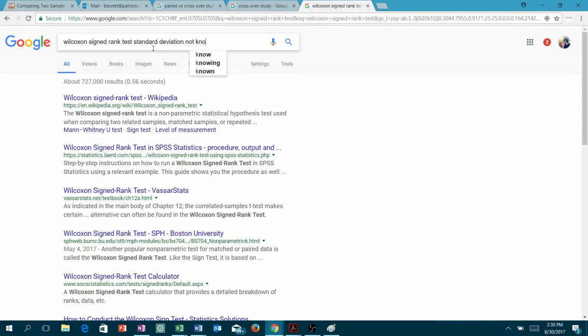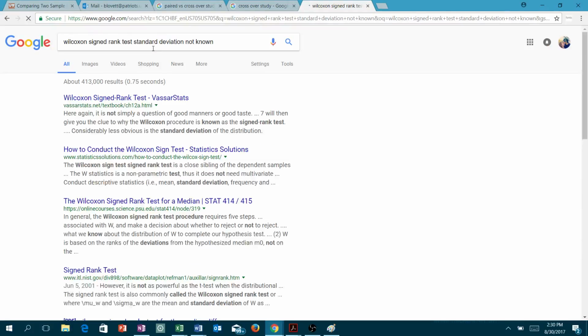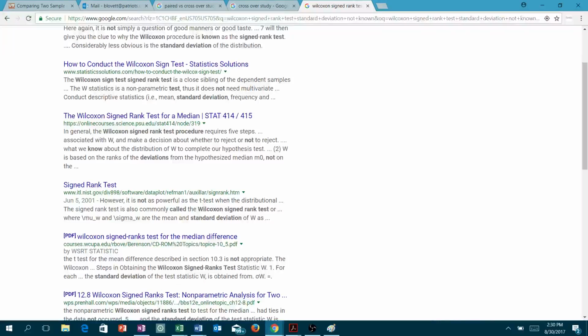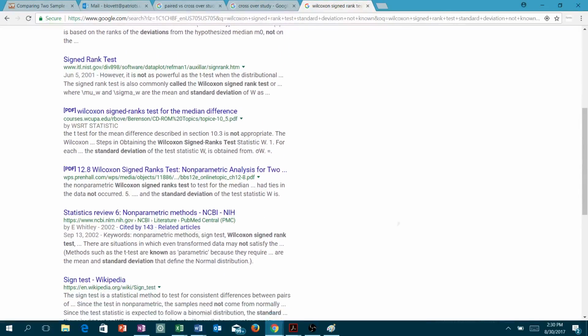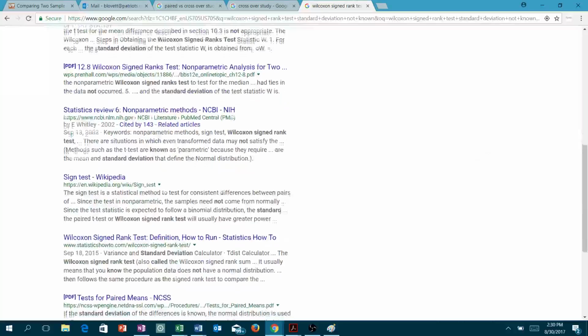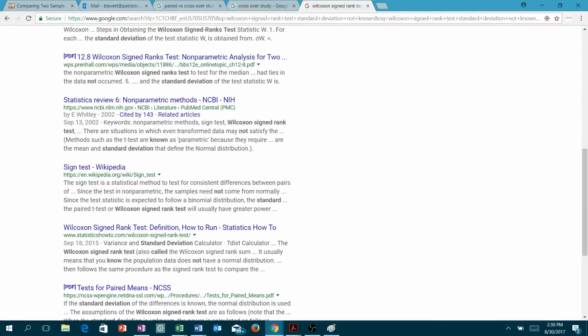But just for the sake of being accurate and complete, since we're learning here, sometimes they put a hyphen, sometimes they don't hyphenate it. It doesn't matter. Sometimes they would use unpaired t-test or unmatched or independent t-test. These are all synonyms for the same thing.